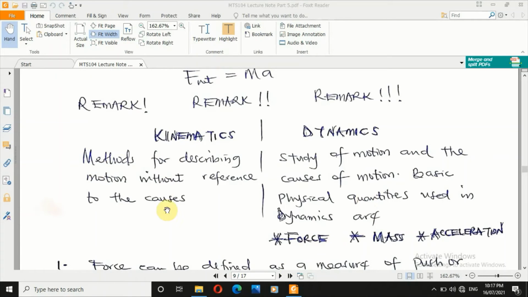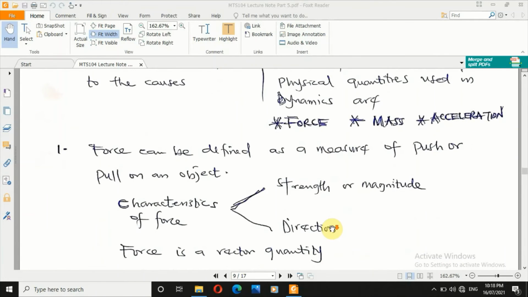So here now, nothing like the causes of the motion. But under dynamics, we have force, mass, and acceleration. So in case you see any question that has to do with how do we differentiate kinematics from dynamics, one is without reference to the force, while the second one has force, mass, and acceleration.